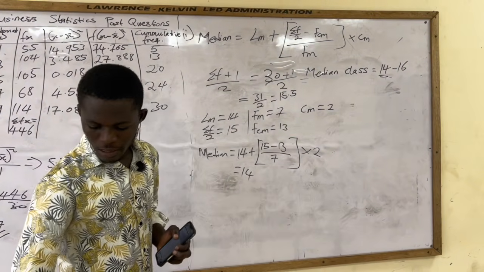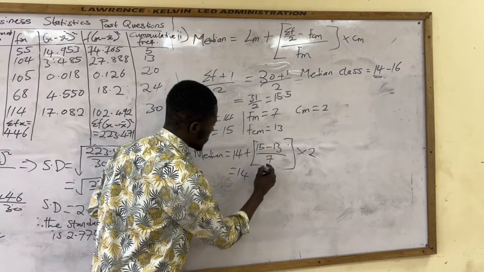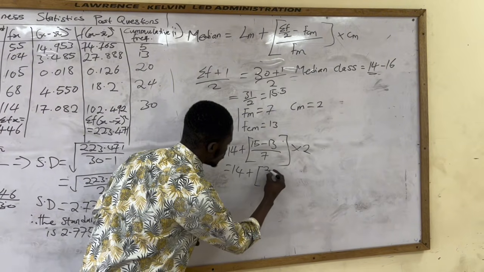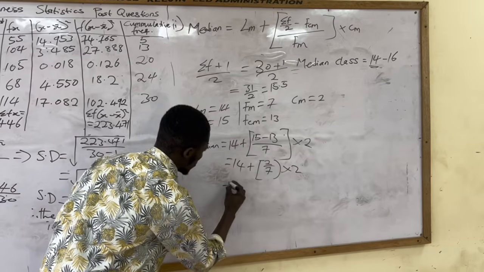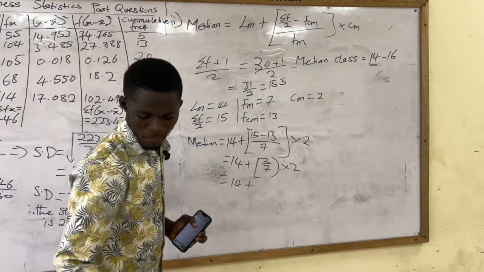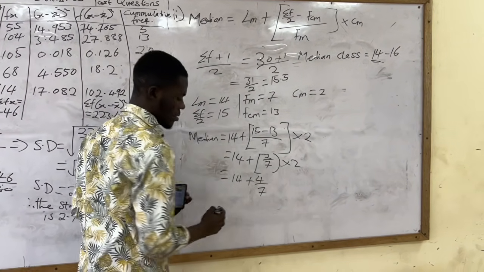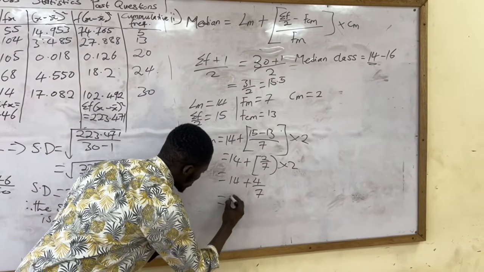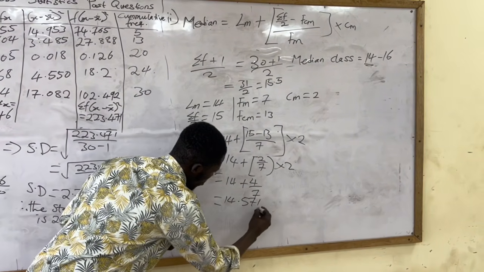Let's solve here. 14 plus 15 minus 13, you get 2 divided by 7. Multiply by 2 here. So this is 14 plus 4 on 7, giving you 14.571.